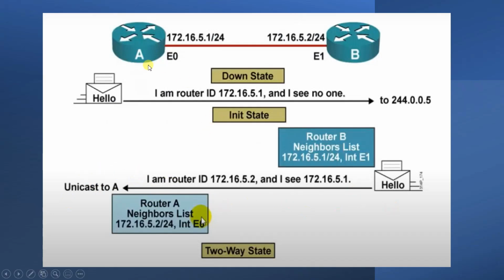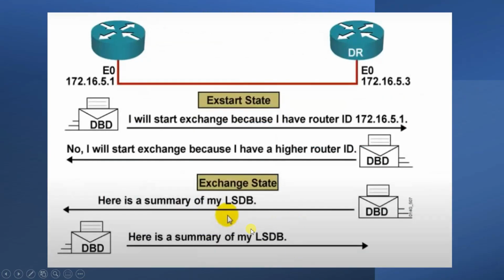That is, in the previous packet router A sent its router ID. Router B now sends its router ID to router A only, that is, it is unicast to A only, whereas in the first case it was multicast. After these two exchanges finish, it is the two-way state. Then we go on to see the fourth state.